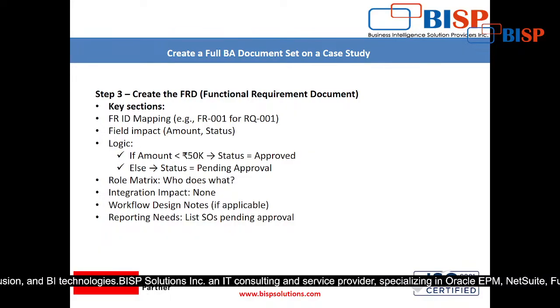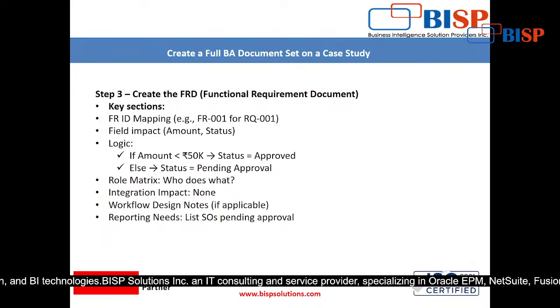Now here you are creating a functional requirement document, and these are the key sections. In the functional requirement document also, everything is associated with an ID. Here it is written FR001 for requirement 1, that means requirement 1 is less than 50,000. Field impact is amount and status. Logic: if amount is less than 50,000, then status equals approved, else status equals pending approval. So this is the logic.